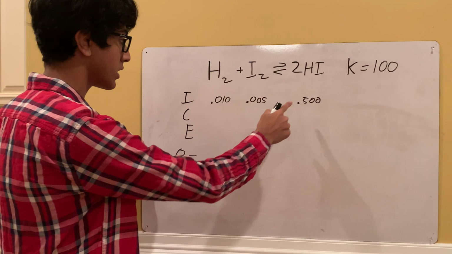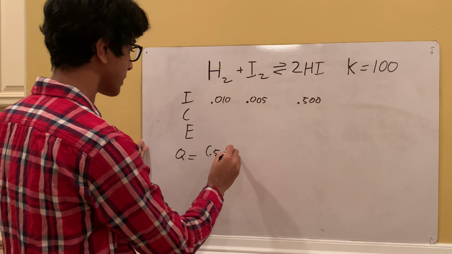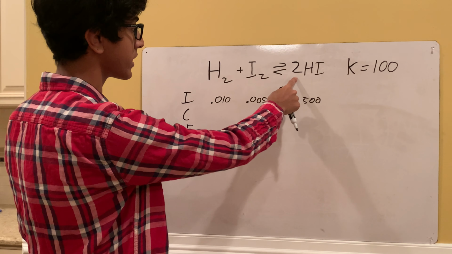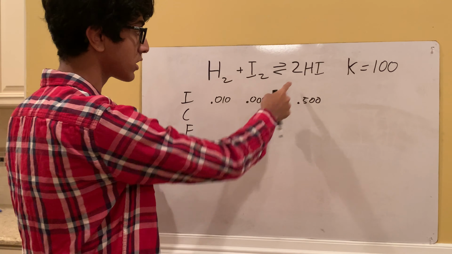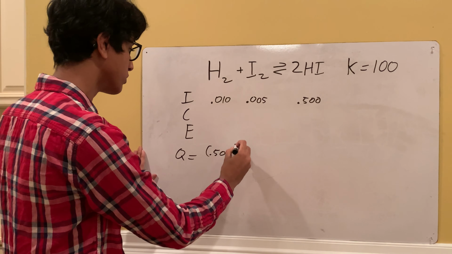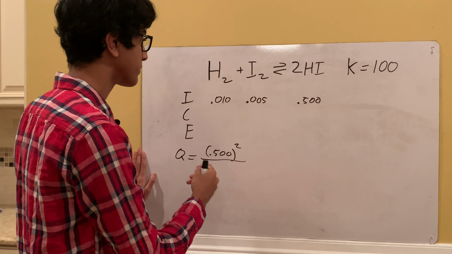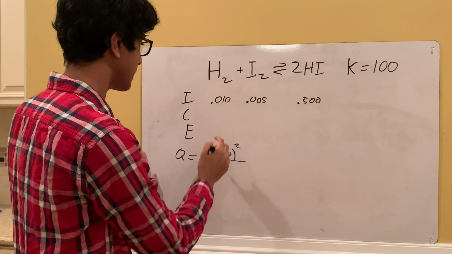So Q is equal to the products divided by the reactants. So we know that the product is 0.500. We can put parentheses around these, and we have to square it because the exponent becomes whatever the coefficient is. So we put a 2 over here, and then we divide by the reactants, which are H2 and I2. So we're going to multiply them.